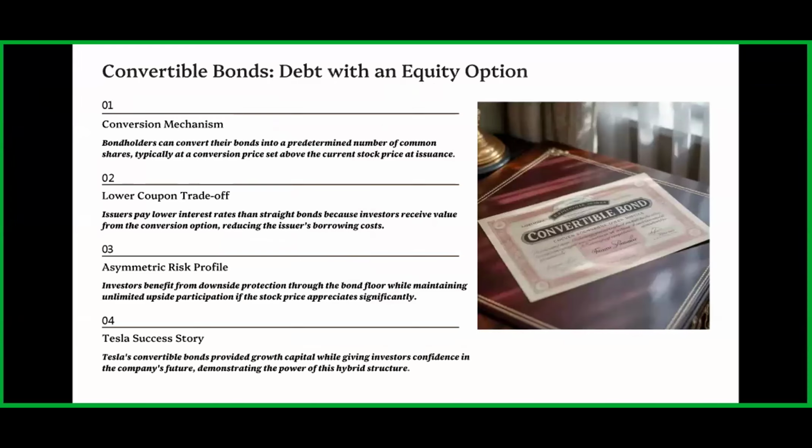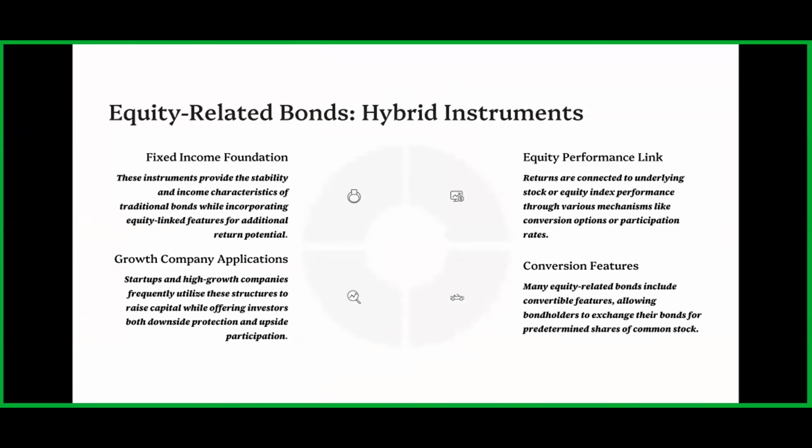Okay, so the next type of bond we call the equity related bond. That means you can buy such bonds from companies where, after the maturity of the bond, you will not receive any face value. On behalf of the face value, you will receive a number of shares or equity of that particular company.